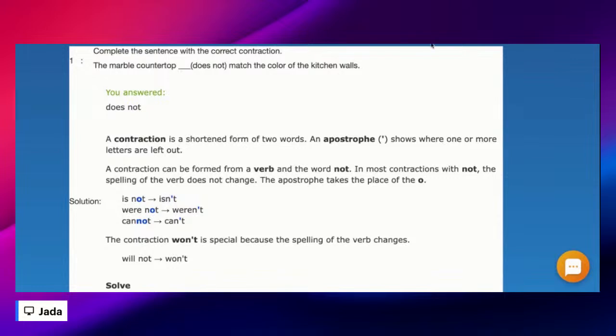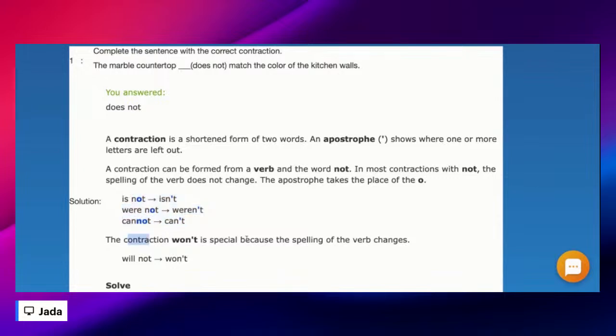You see that most of the time, once they come with not, the whole word doesn't really change. It's just the O that is missing. So weren't, cannot, can't. In cannot, we take away N and O, which gives can't. So that's it for the ones with not. You have to take notes. Most of them are different, okay?